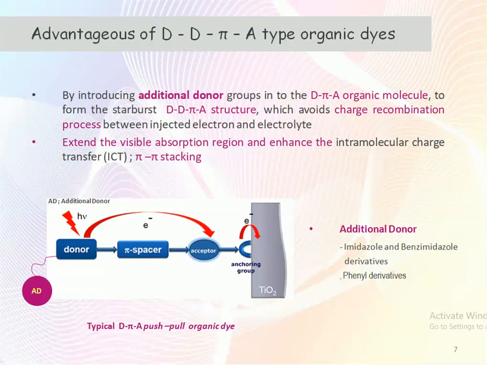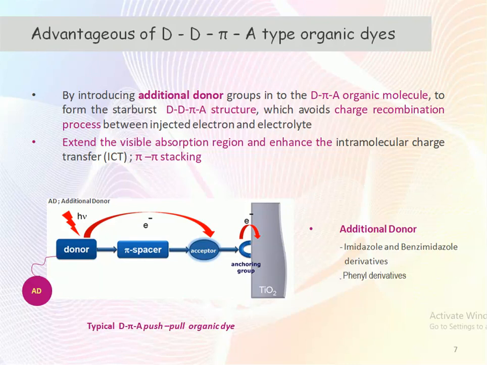Though the donor-acceptor traditional organic architecture, that is the push-pull architecture, is of much interest, by introducing an additional donor, that is a secondary or auxiliary donor, into the traditional D-A architecture, the molecule gets a starburst structure, that is the D-D-A or D2-A structure, which avoids the charge recombination process between injected electrons and electrolyte, which will enhance the efficiency of the device.